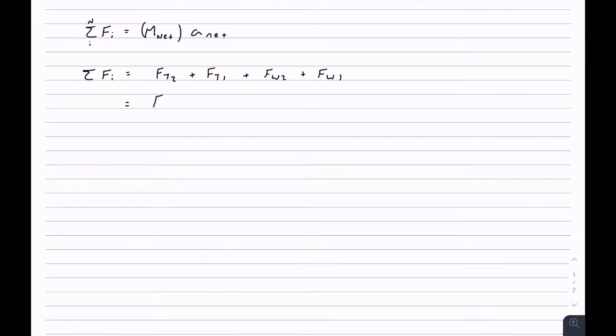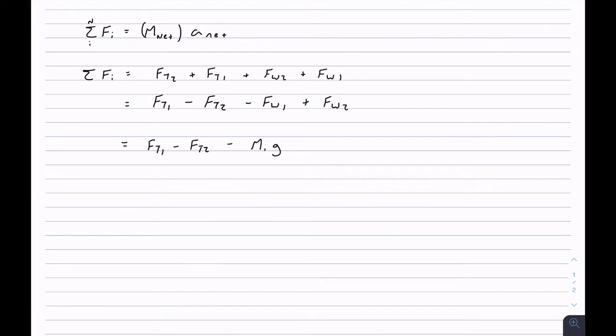So then we have Ft1 minus Ft2. Those are going in opposite directions, right? Minus Fw1 plus Fw2. Recall that those are also going in opposite directions. Okay? So now we have Ft1 minus Ft2 minus M1 times G, right?